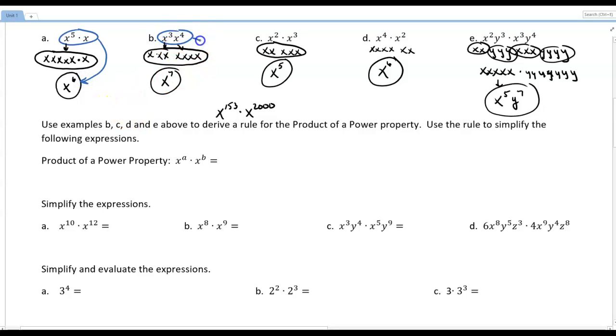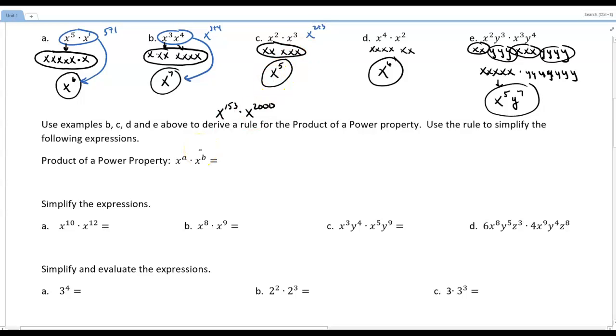How could I go from x to the 3rd times x to the 4th to x to the 7th? If you notice, the exponent on that x is actually 1. So if I take the 5 and 1 and add them together, do I get x to the 6th? Can I do x to the 3 plus 4, which would give me x to the 7th? Would x to the 2 plus 3 give me x to the 5th?